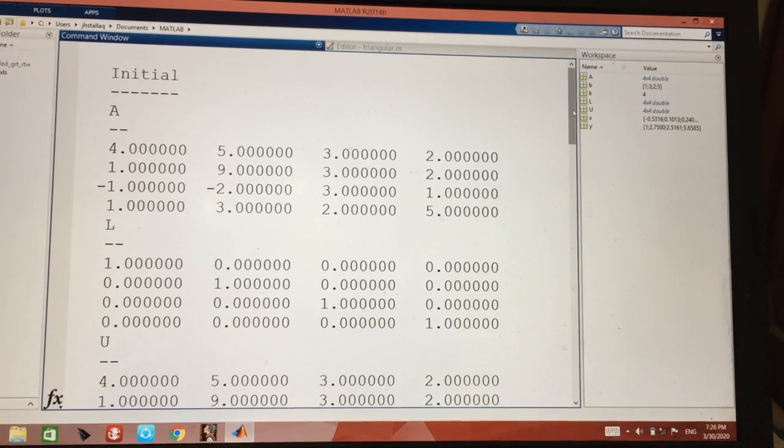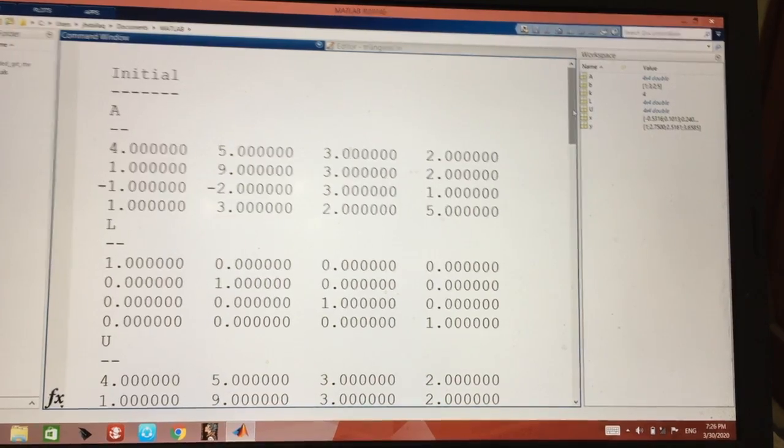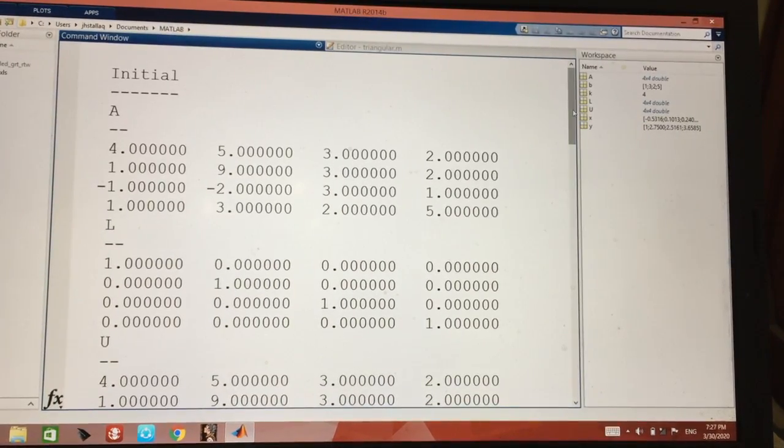Now, if we subtract this minus this, A2 row minus h, 1 minus 1 is 0. We put 0 here. Then 9 minus 5 over 4, 5 over 4 is 1.25, right?